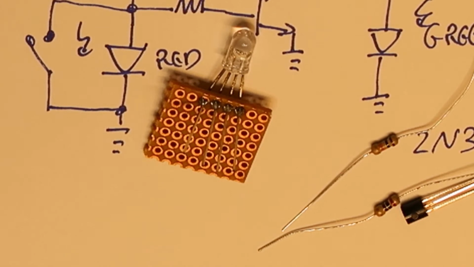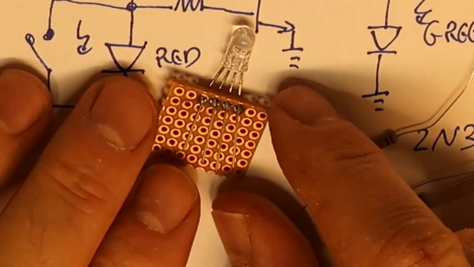Now I don't remember which is which, so we will use the power supply, because I want the red to be on first and then the other. So 3 volts, 200 milliamps, and let's check it out.